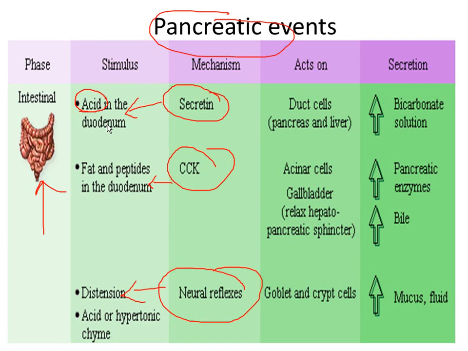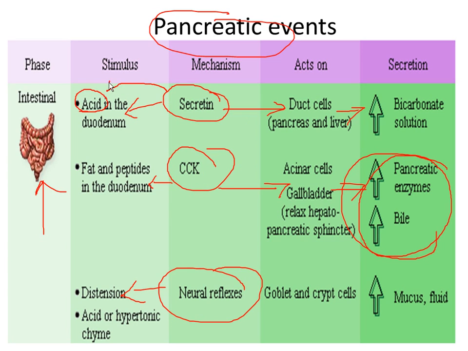That's either because there are irritants in it, or too much acid was secreted, or a little bit of overlap with its friend CCK. You can see that each hormone affects the pancreas slightly differently. CCK is really going to stimulate a lot of bile and pancreatic enzymes. Even though there's overlap with secretin, because one of its stimuli is more acid, it's actually trying to neutralize the acid by making more bicarb from the pancreas. And then the reflexes are all about mucus and fluid and motility.